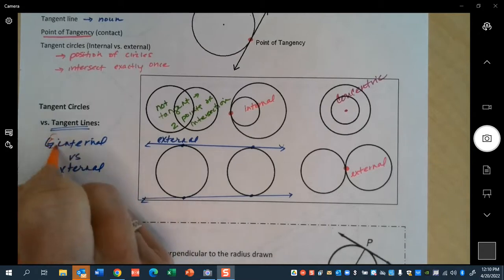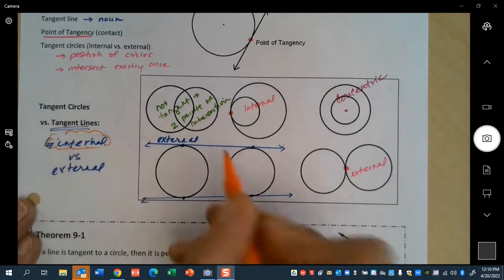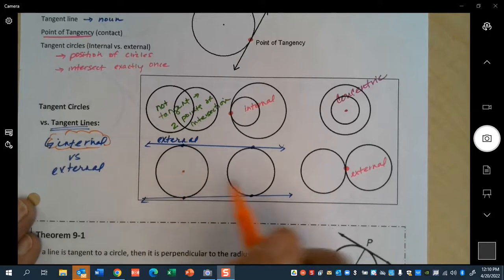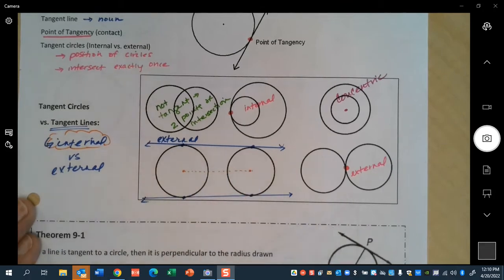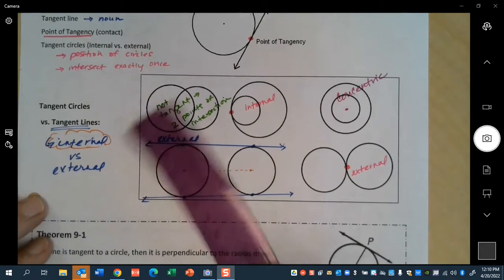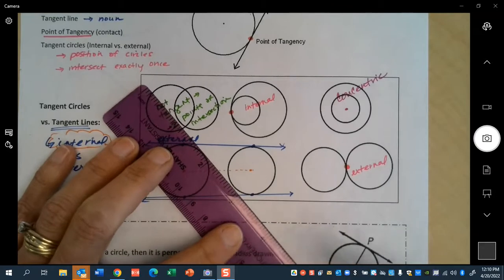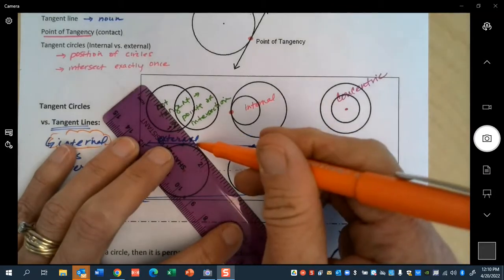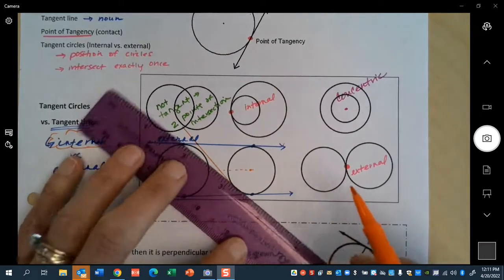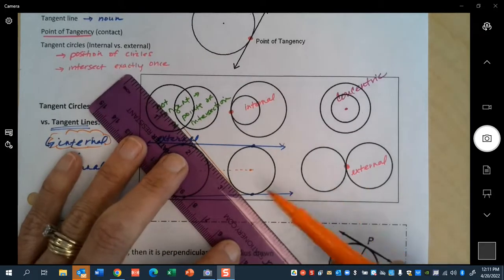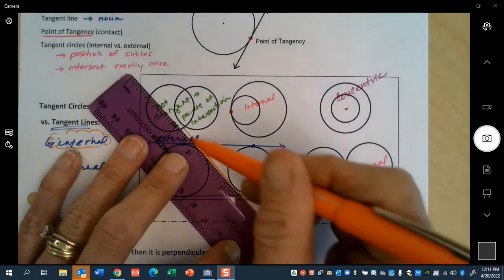If we have internal tangent lines, those are tangent lines that cross an imaginary line connecting the circles' centers. So if I have a line that goes like this, oh, I didn't quite hit it exactly. Hold on.